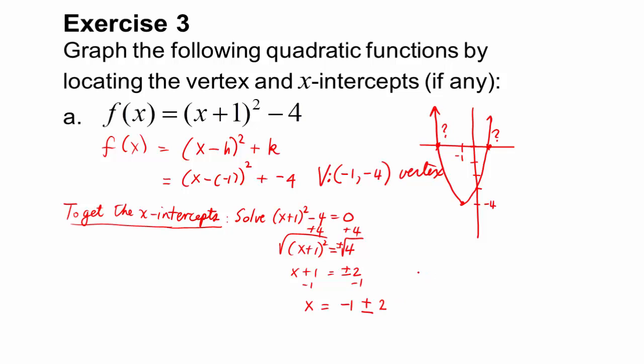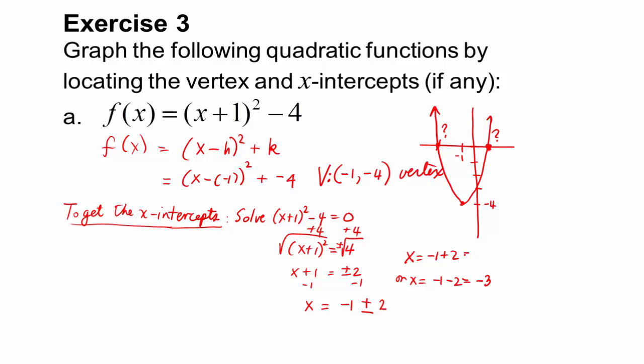So you have 2 x's. So x is either negative 1 plus 2 or x is negative 1 minus 2. So these points are where x is equal to negative 3.